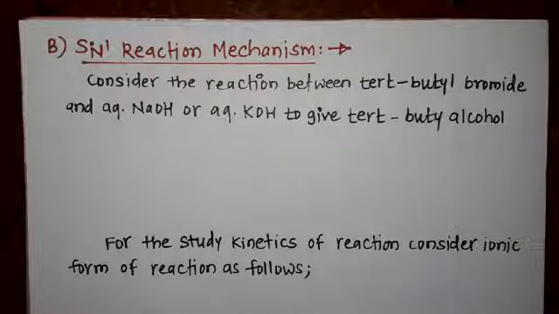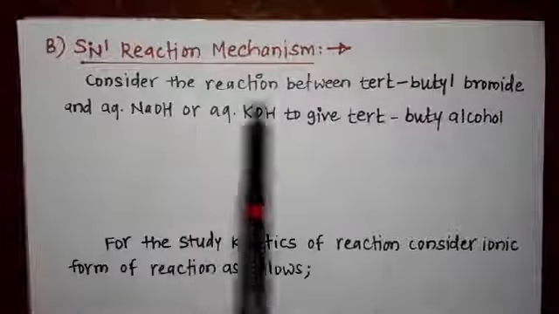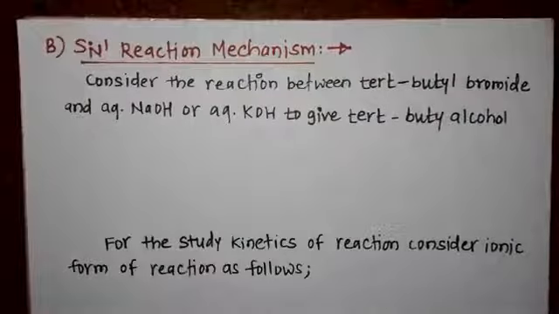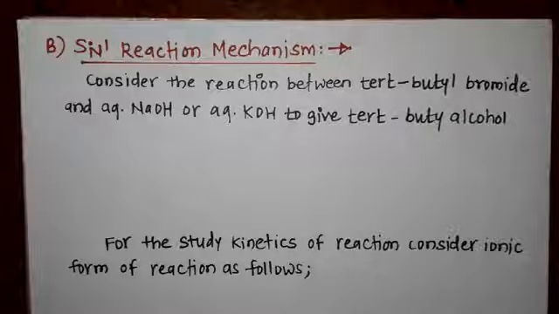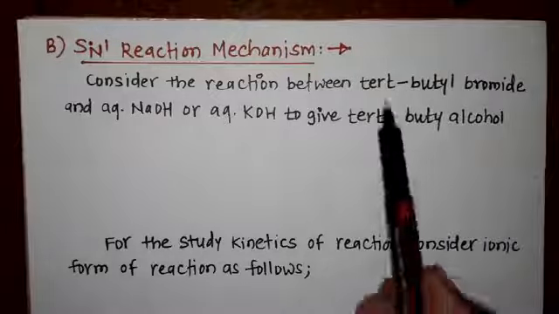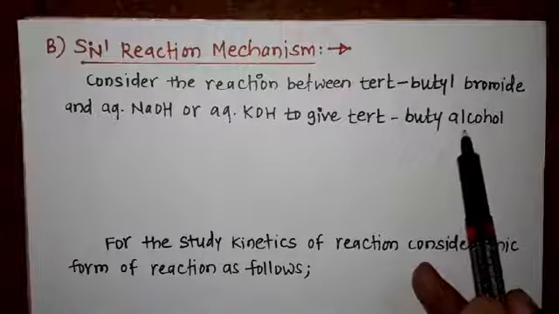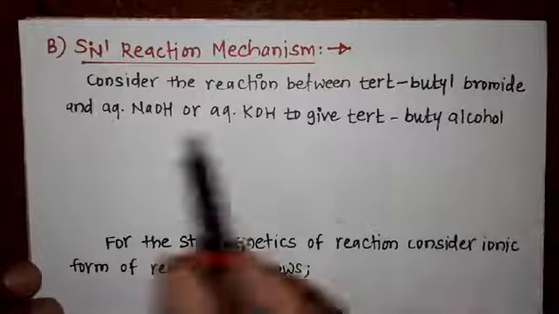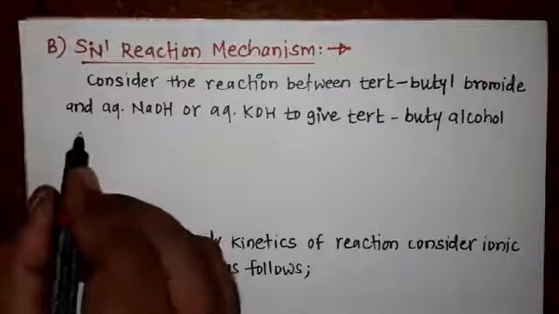First of all, consider the reaction between tertiary butyl bromide and aqueous NaOH or KOH, which gives the product tertiary butyl alcohol. Here we should write the reaction.